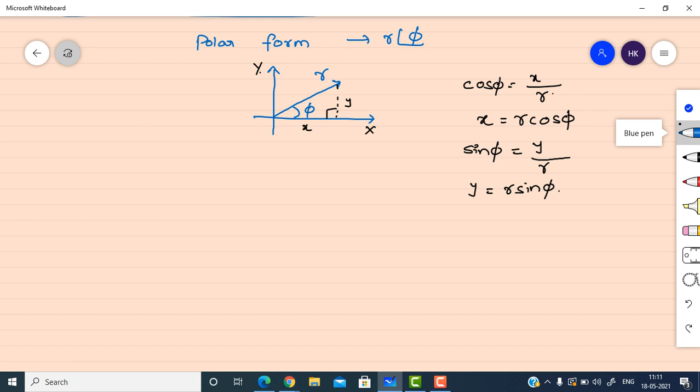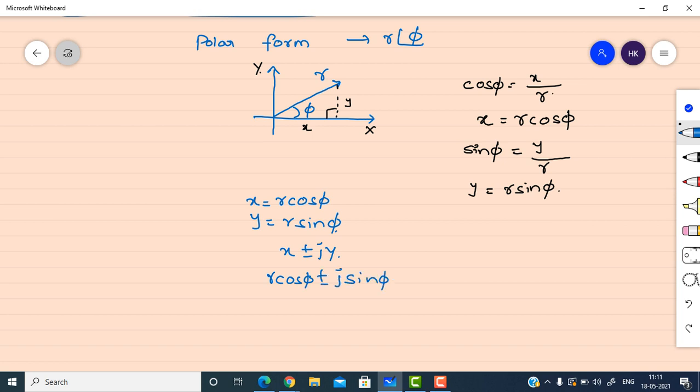Now we got the rectangular form equation. The x component is r cos phi and the y component is r sin phi. Then you can represent x plus or minus jy as r cos phi plus or minus j r sin phi. So the given form is the polar form, and now we converted that polar form into this rectangular form.